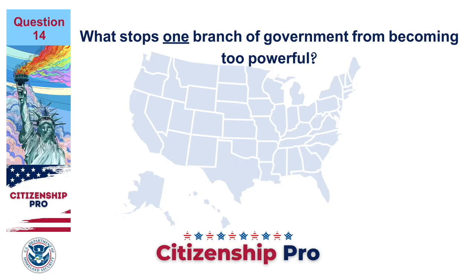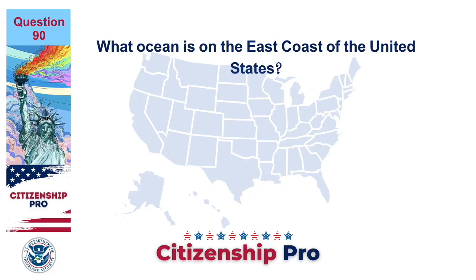What stops one branch of government from becoming too powerful? Checks and balances. What ocean is on the east coast of the United States?